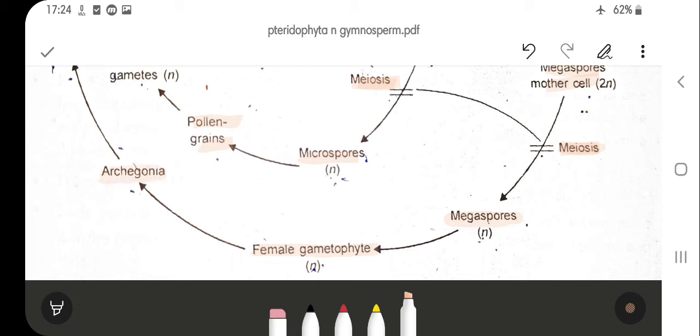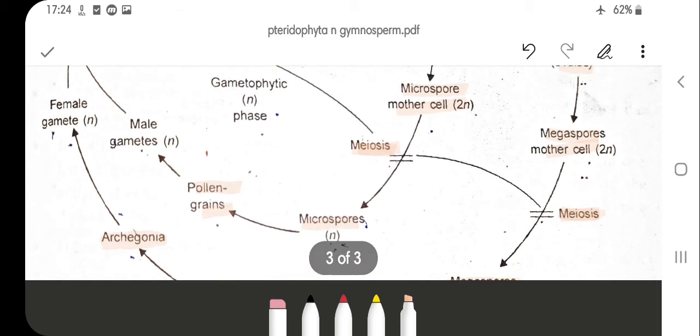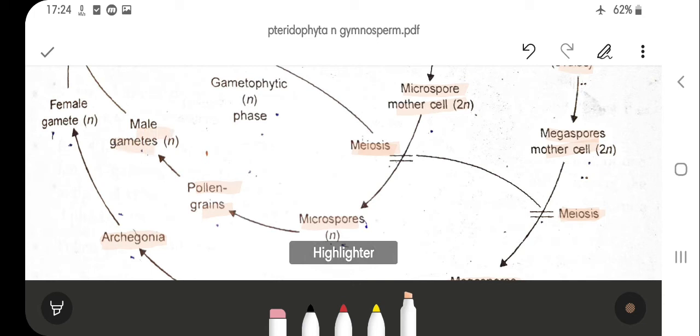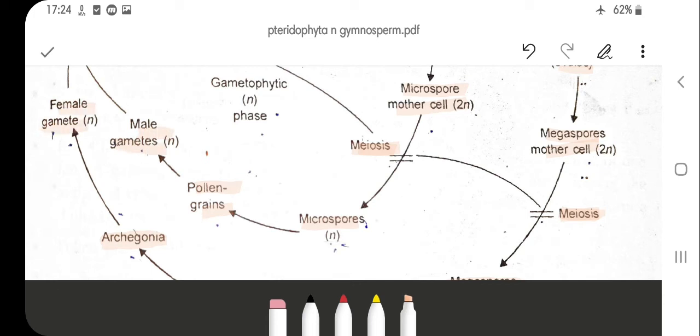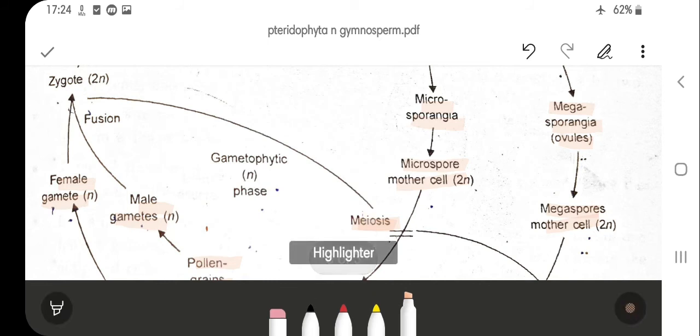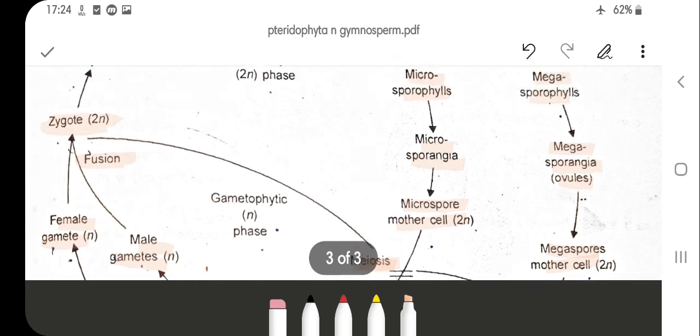So pollen grain and archegonia give rise to the gametes, that is your male gamete and your female gamete. Now the fusion of the male and the female gamete is known as fertilization, and the result of fertilization is the zygote, which is again 2n.